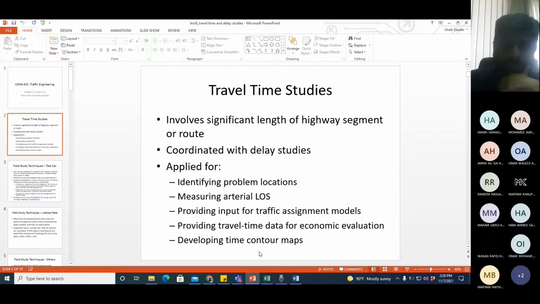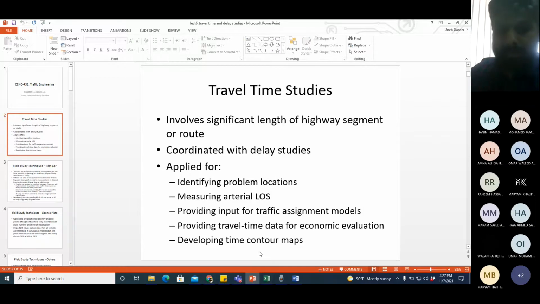So keep one thing in mind: data taken from a travel time study cannot be used in a spot speed study. A part of a travel time study is also to find out the delay during the travel, which most of the time is part of the travel time study.